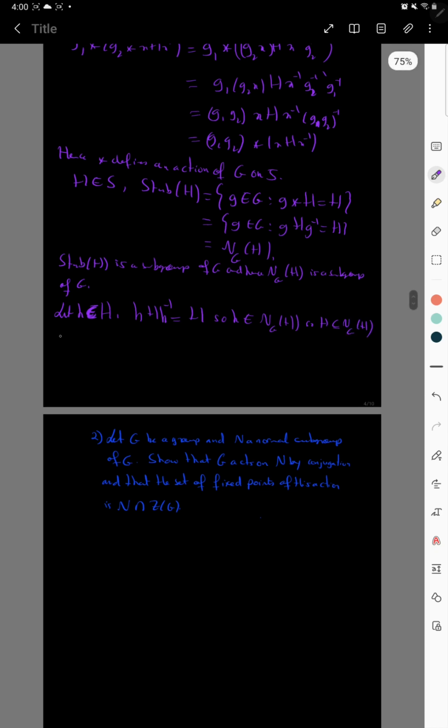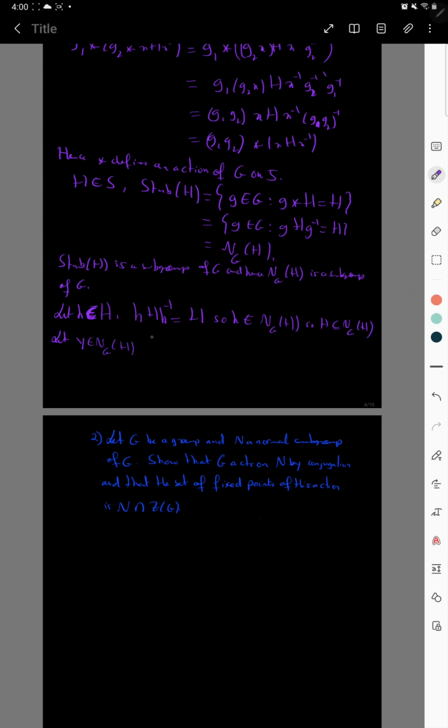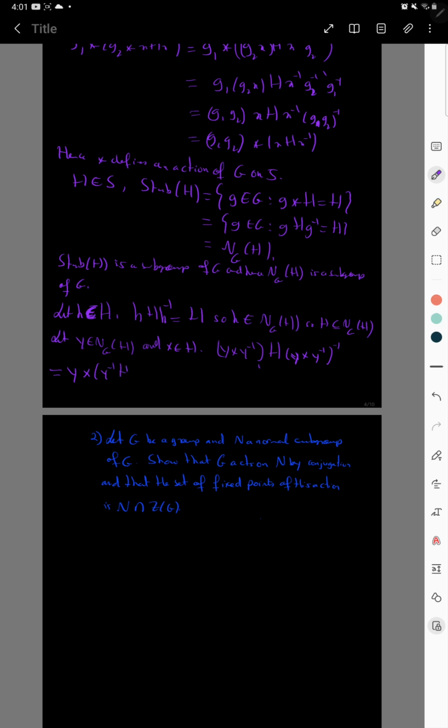And to show it's a normal subgroup, what do we need to show? Let y be in N_G(H) and x be in H. We need to show that yxy inverse belongs to H. So yxy inverse is an element of yHy inverse. What is that?